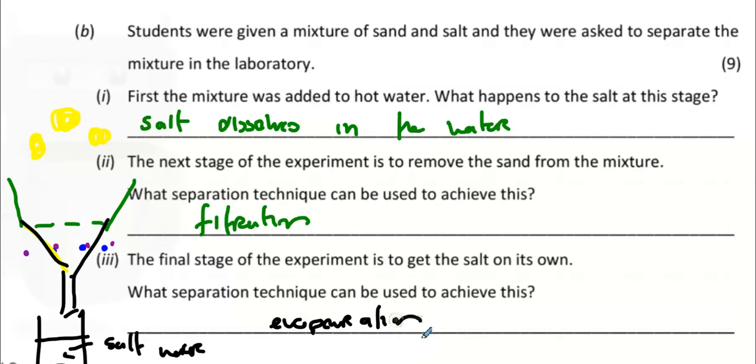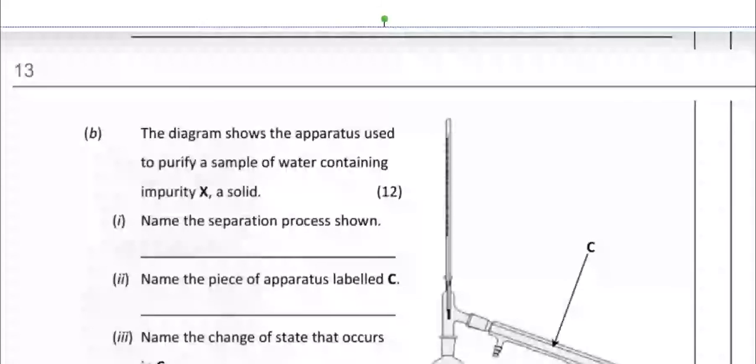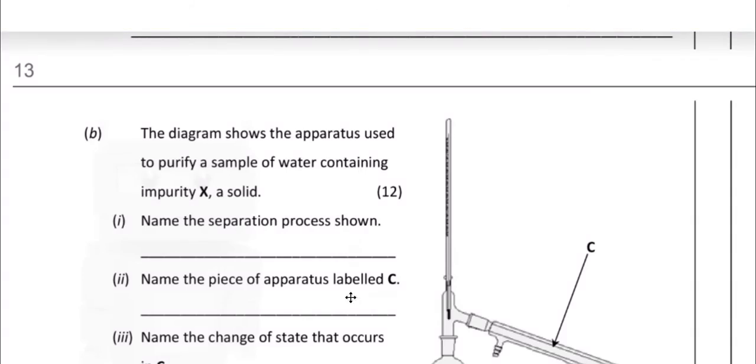You can put it into an evaporation dish, put it onto a tripod stand with a Bunsen burner, and the flame will evaporate off the water, leaving the salt behind. So you can use evaporation. Okay, happy days. 13.